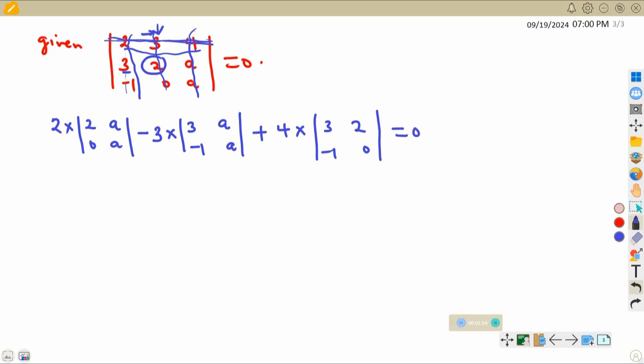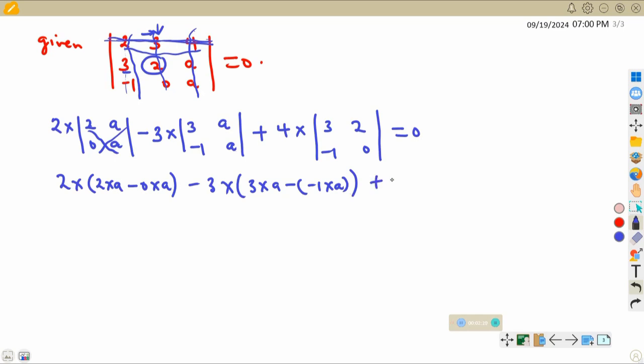And they are telling us that this determinant is 0. So we shall have 2 times, now try to get the determinant of this matrix. 2 times A, minus 0 times A, minus 3 times, so we get this times this, that is 3 times A, minus -1 times A. Then plus 4 times 3 times 0 minus -1 times 2.